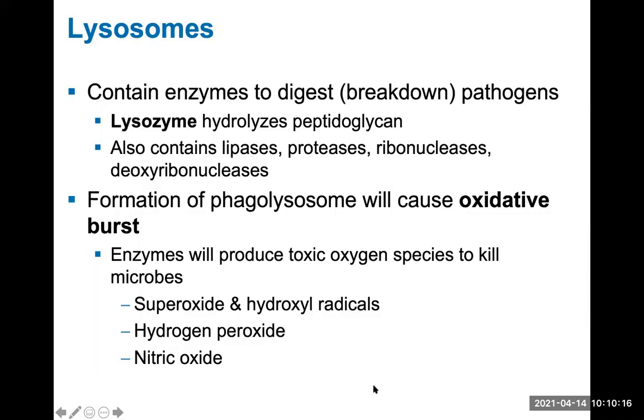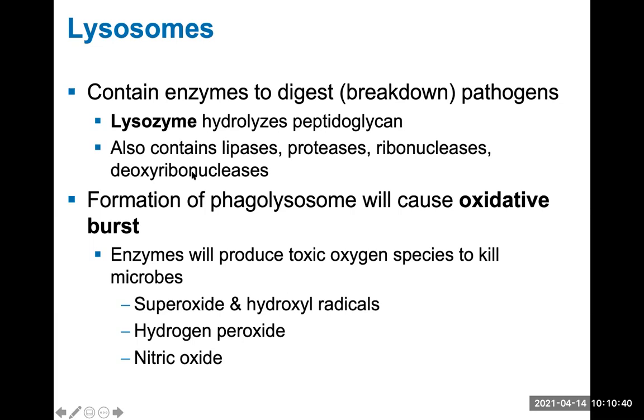Okay. So a little bit more detail about those lysosomes that fuse and lead to digestion and killing of the microbe. So you have lysozyme, which we talked about earlier in part 1, hydrolyzes or breaks the bonds between NAG and NAM to break down peptidoglycan.